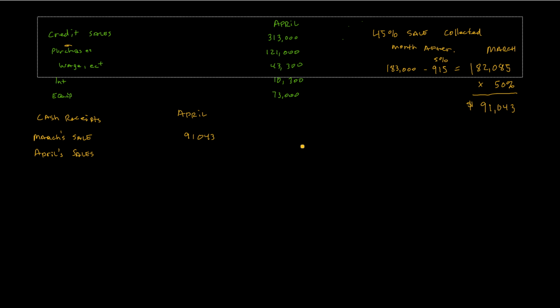So I'm going to take the $313,000 of April sales, which equals 15,650, the 5% that's not going to be collected.